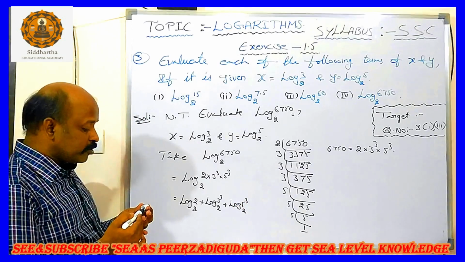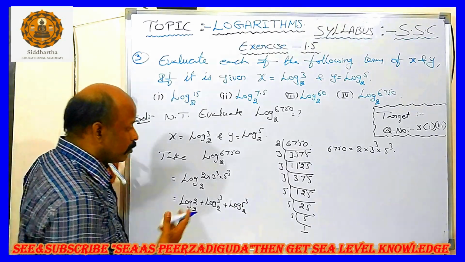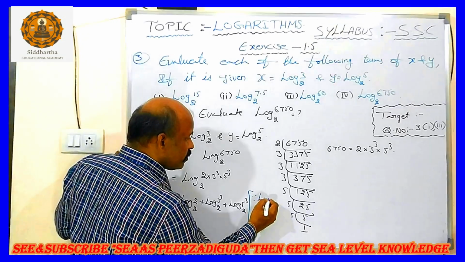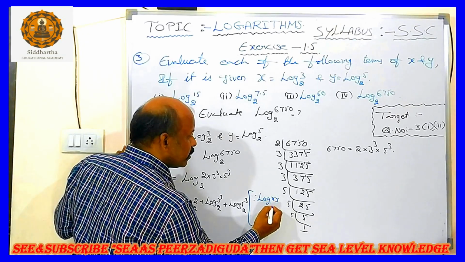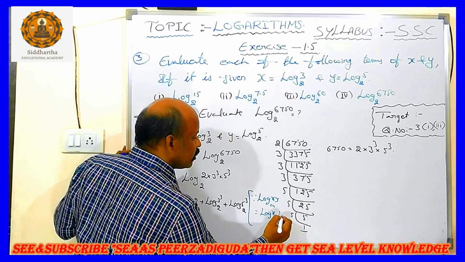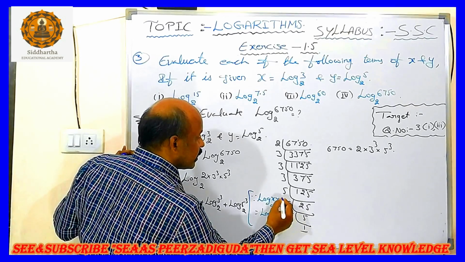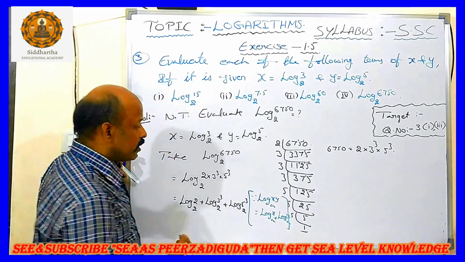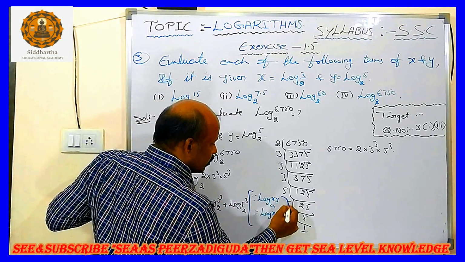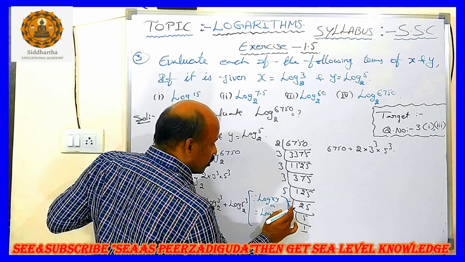Here which rule I used? Product rule. Since we have one formula, that is log xy base a is equal to log x base a plus log y base a. By using this product rule, we can split the product form.